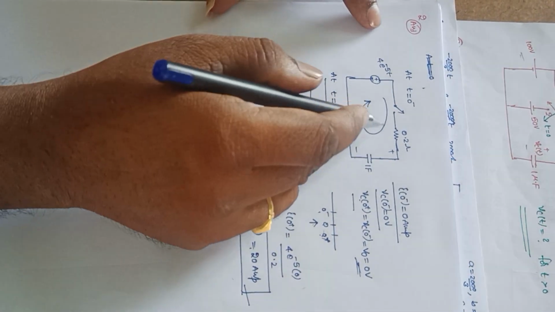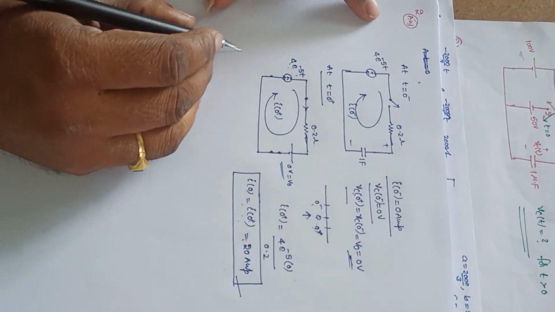Now let me draw the circuit for t greater than 0.